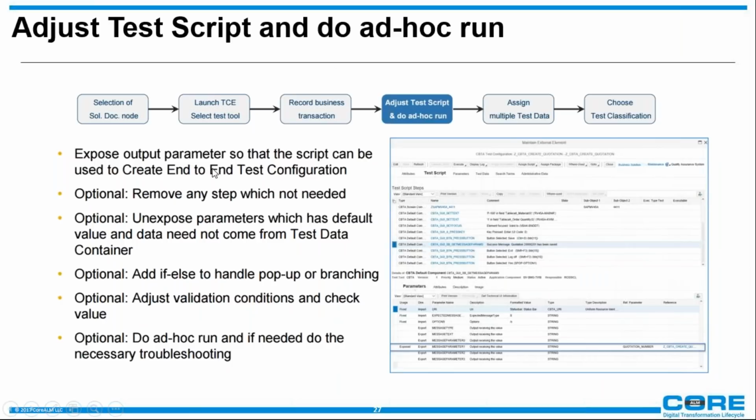After you record, and you'll see these in the demo, after the business transaction is recorded, the test configuration is built, and it has components that are built into those tests. So again, once it's been recorded, you adjust it and put in parameters for the end-to-end test cases.